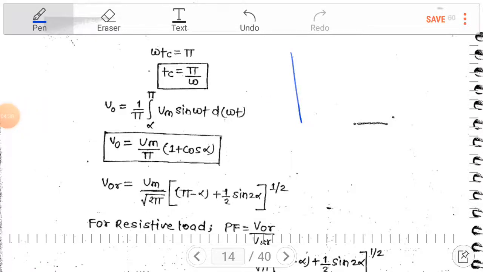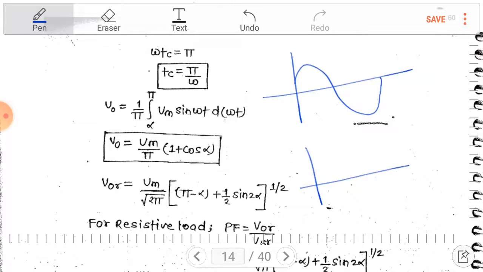For a complete cycle of the sinusoidal wave we get two half waves. So here the output frequency is doubled. The output has two times the frequency of the input sinusoidal wave. Here we will take the time period of pi radians to get the average output voltage.